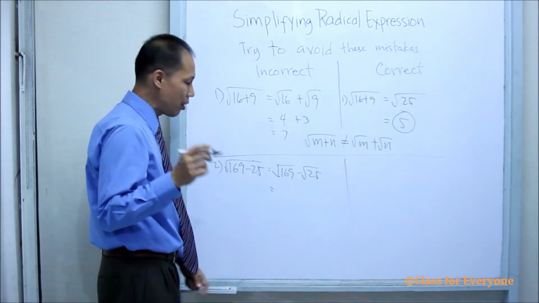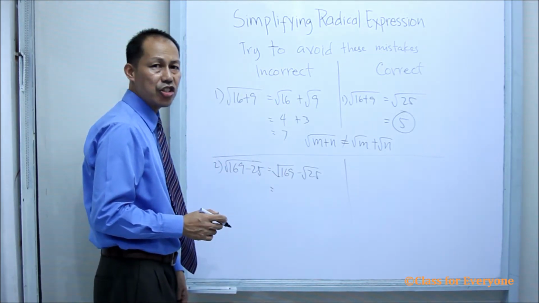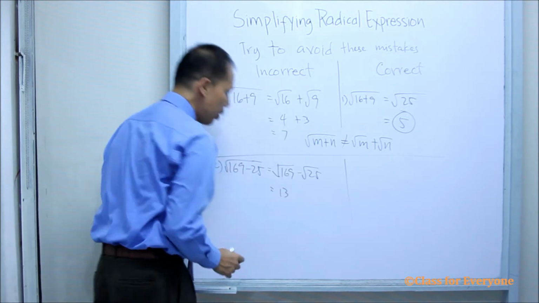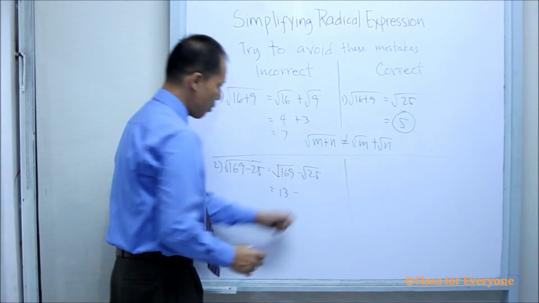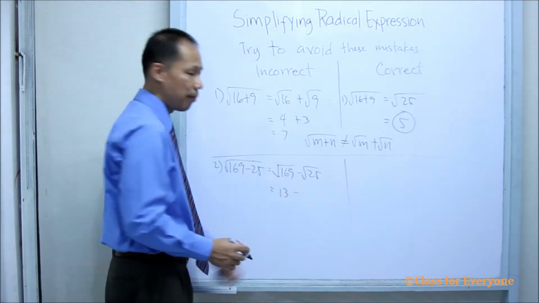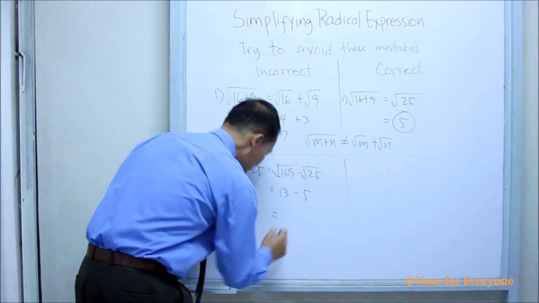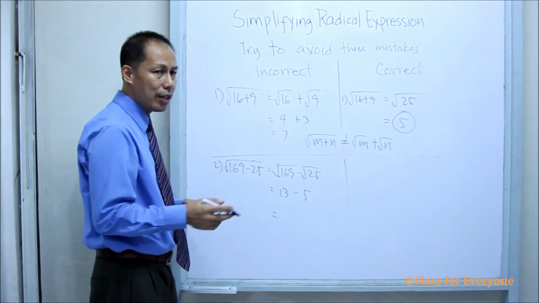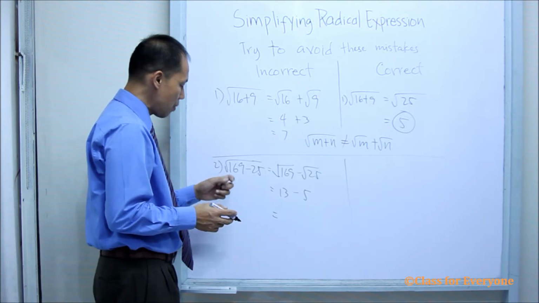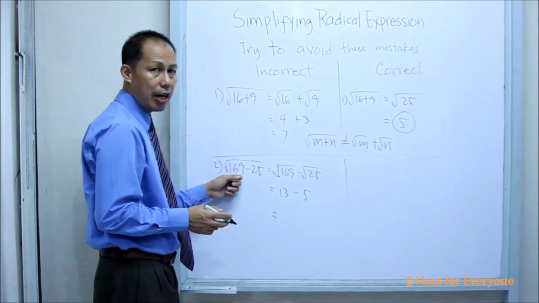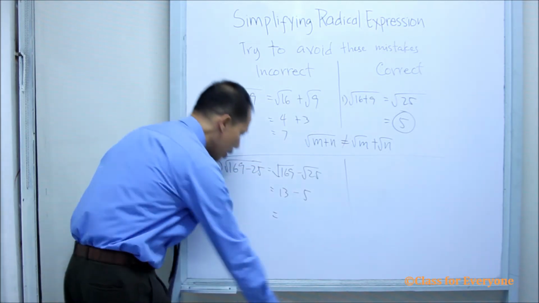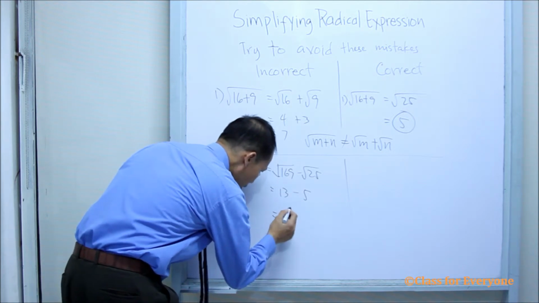And since the student knows that the square root of 169 is 13 and the square root of 25 is 5, then the student's answer in simplifying the square root of 169 minus 25 is 8.